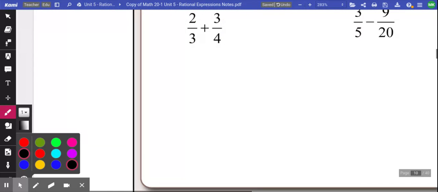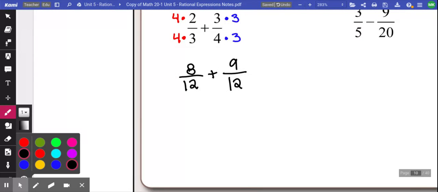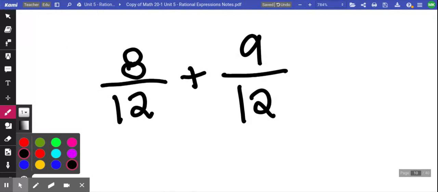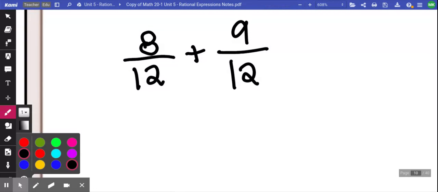Once you have a common denominator, you add the numbers across the top and the bottom stays the same. So for instance, if I picture these as measurements, say I have 8/12 of something, maybe 8/12 of a pizza. And then I have 9/12 of something. If I had 8/12 plus 9/12, I would have 17/12.